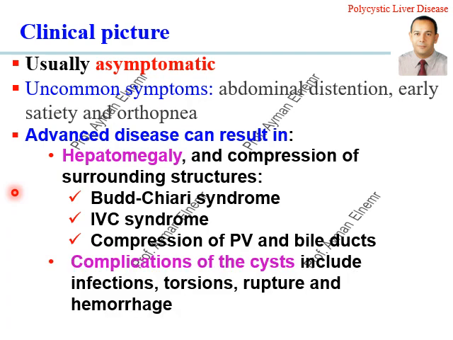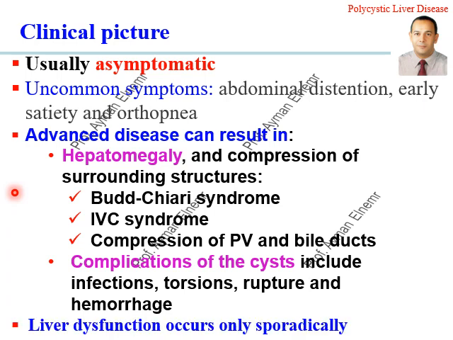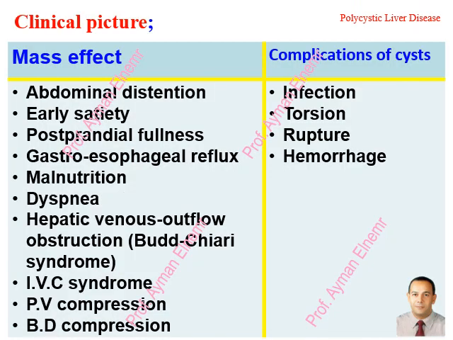Complications also can occur in the advanced disease and include infections, torsions, rupture, and hemorrhage. In other words, the symptoms include two groups. The first is the group of symptoms due to the mass effect, and the second is the group of symptoms due to the complications of the cyst.